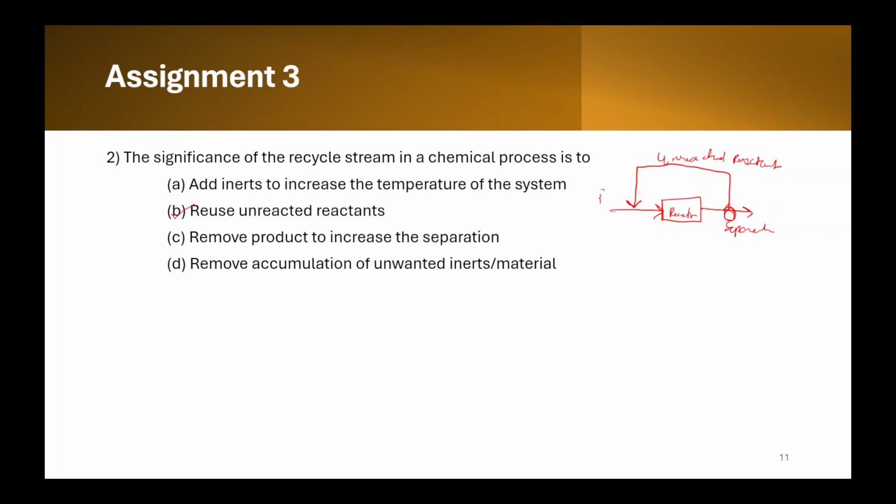This is the fresh feed, this is the mixed feed, this is the effluent, and this is the net product. If we keep on separating the unreacted reactant and adding it back to the fresh feed, this is basically the recycle stream. From the downstream, we are adding this unreacted reactant in the upstream. So the correct answer is reuse unreacted reactants.